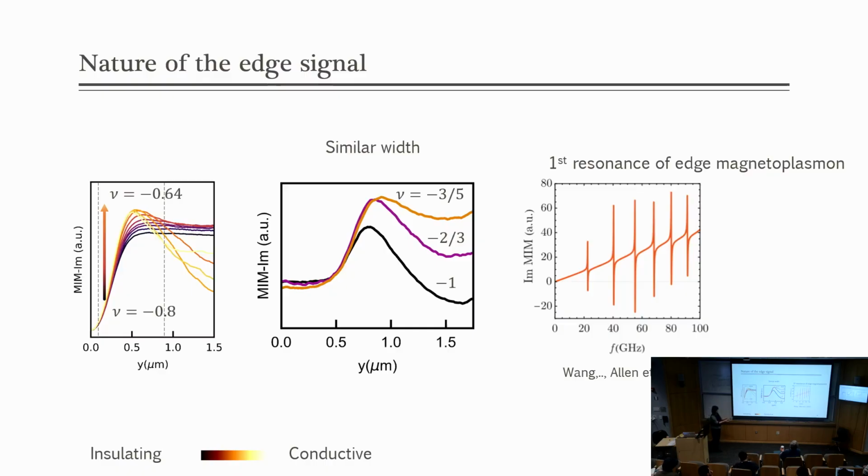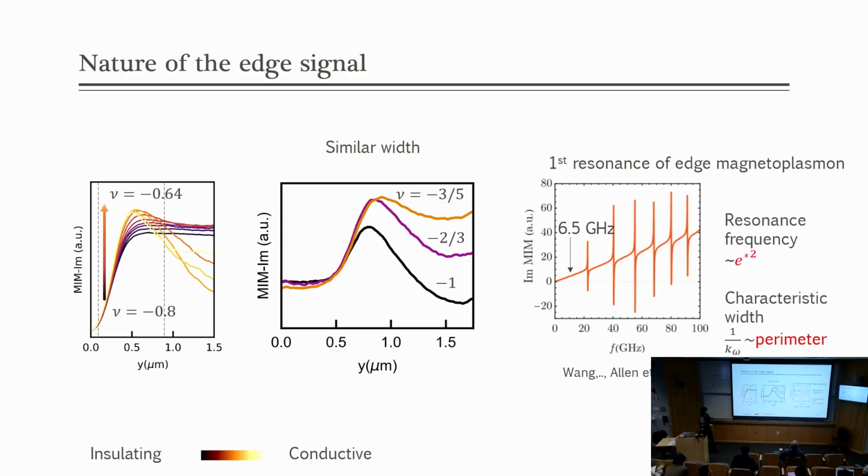And that maps onto the very early measurements of gallium arsenide in the microwave regime. You will see the edge magnetoplasma, and the edge magnetoplasma has many resonances depending on a lot of things. For example, here we are at the smaller frequency regime, so we are mostly probably seeing the first resonance of the edge magnetoplasma.